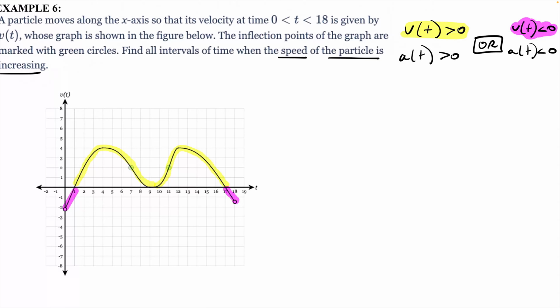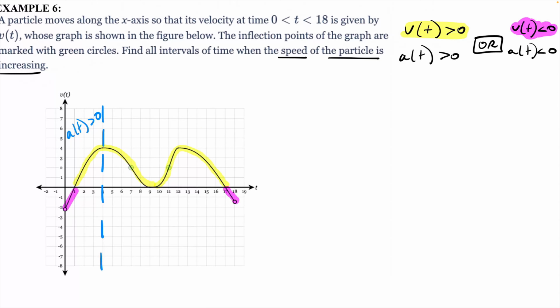When its slope is positive, it's going uphill. It's going up, right? So from 0 to about 4, we're increasing. I'm going uphill. So that means acceleration is positive.